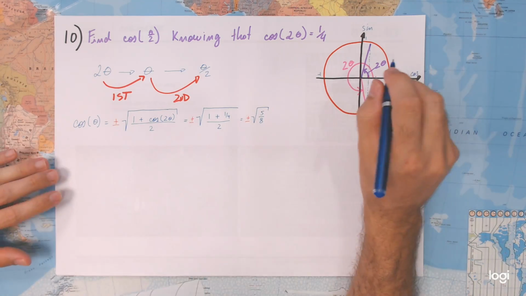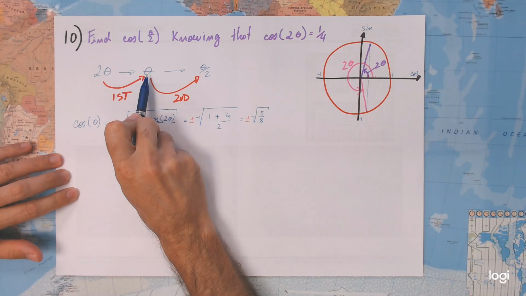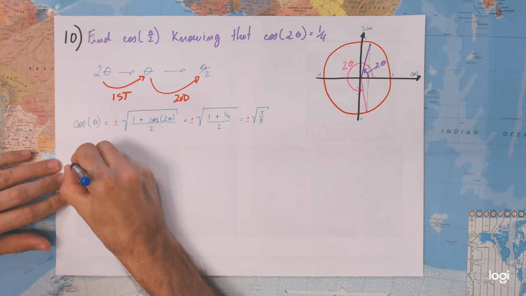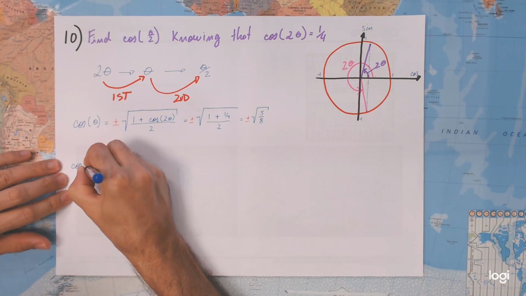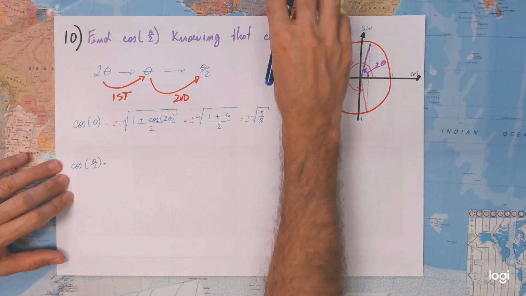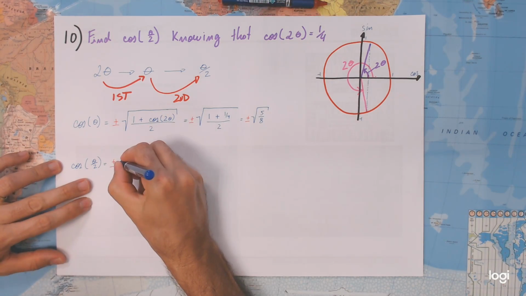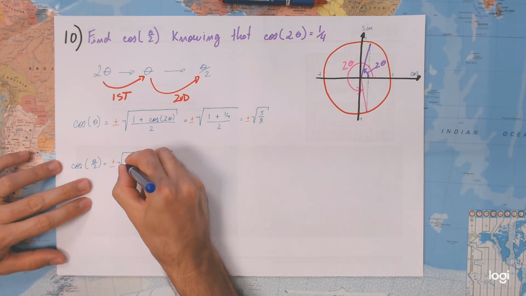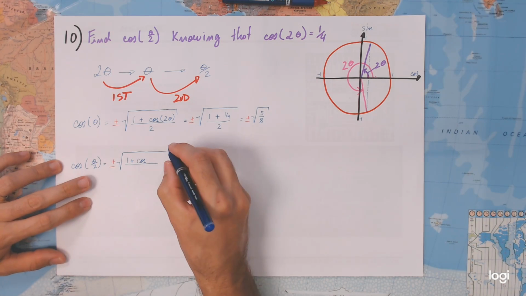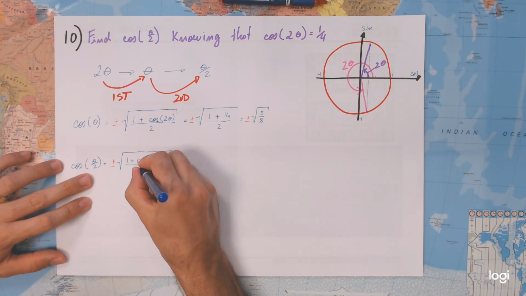This is plus or minus the square root of 5/8. Once we know the cosine of theta, we're going to get half of that. Now, the cosine of theta over 2 is again plus or minus the square root of 1 plus cosine of theta, double this angle, divided by 2.